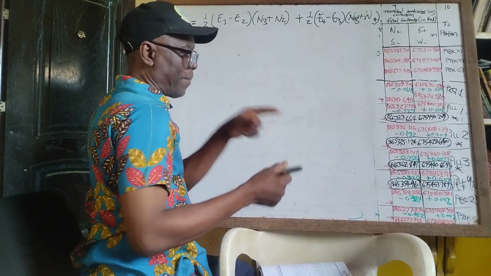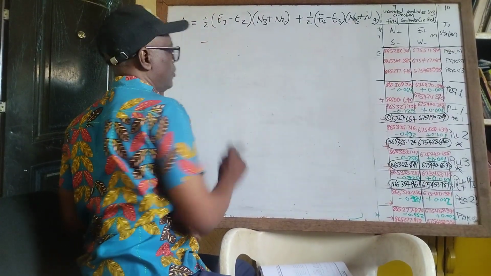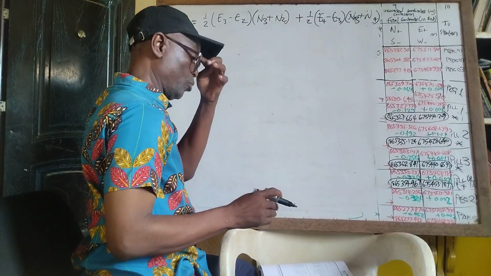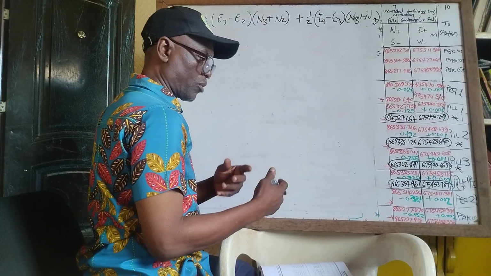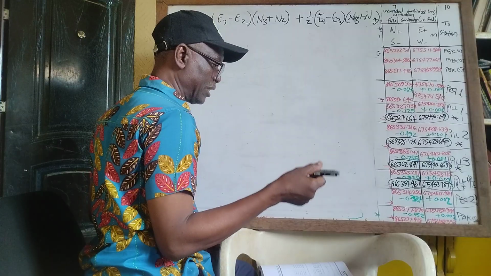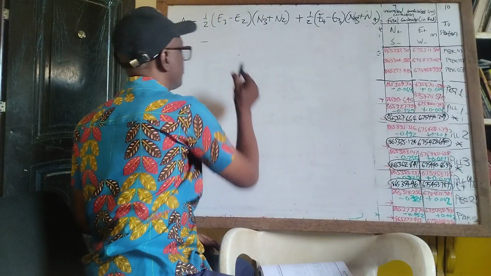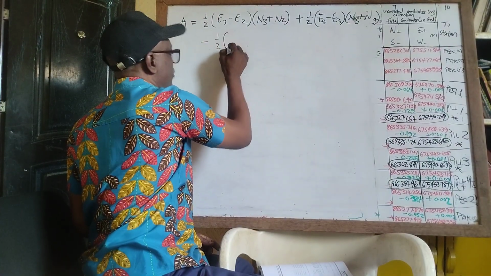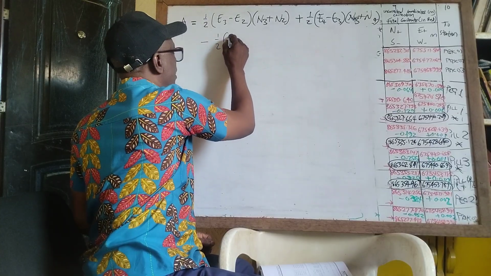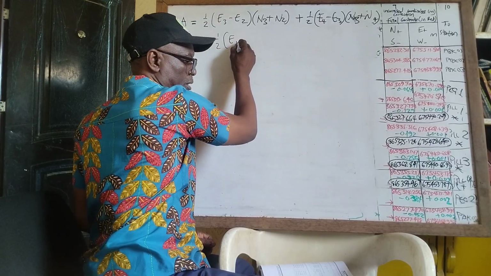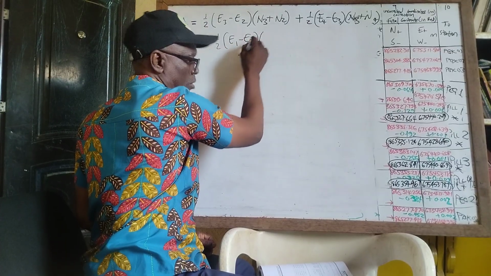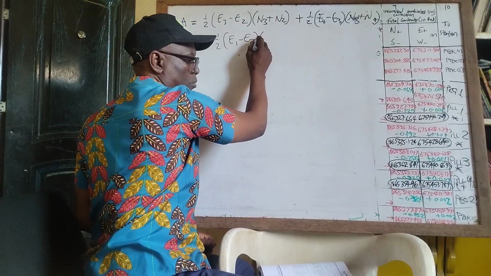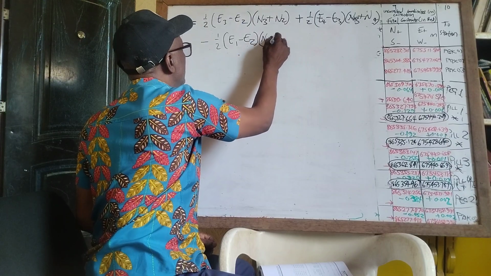Now, minus, so this time around, you must be fast in your mathematics so that your minuses will not cross each other. Minus the one in red. The first one in red is minus half of E1 minus E2, that's N1 plus N2.